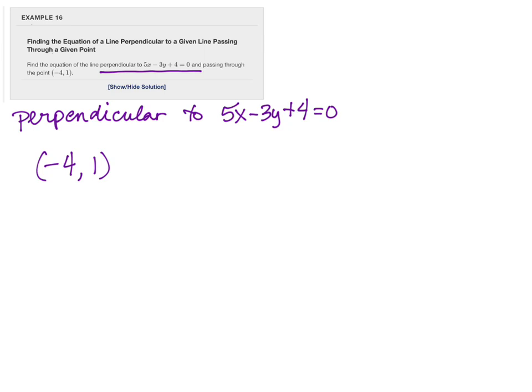So we're going to isolate the y value so that we can find the slope of the original line. How do you isolate the y value? What do you want to move first? I'd move the 4. -4 minus 4. So 5x minus 3y equals -4. Okay with that?